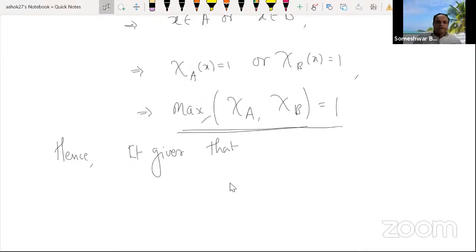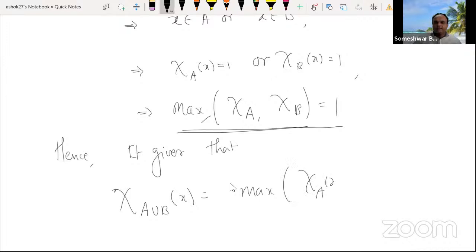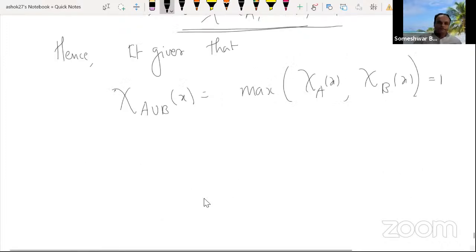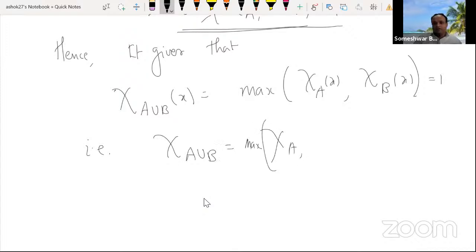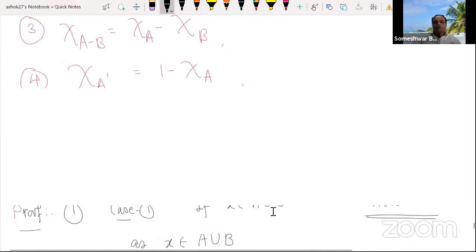So chi of A union B of X is equal to the maximum of chi of A of X and chi of B of X, which is 1. So if X is an element of A union B, we prove this property.